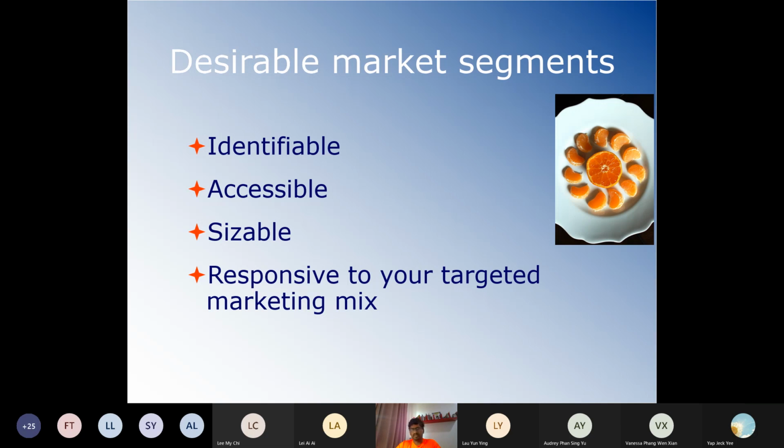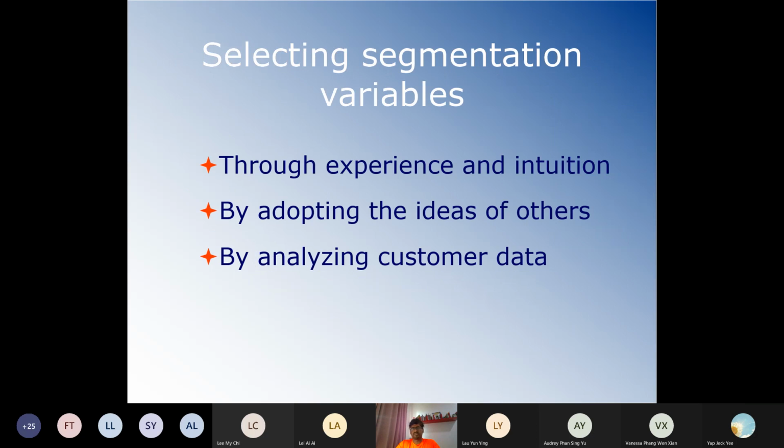If your target market is insensitive to price, and you promote that you are selling at a cheaper price, then that's not going to make any significance, and vice versa. So it should be in such a way that the segment responds to that mix.